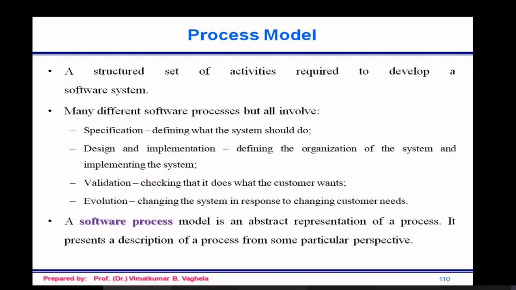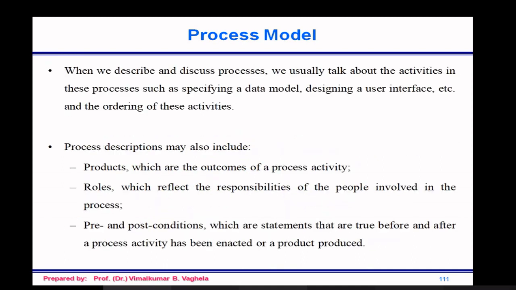So now we are representing a process in an abstract way and this structure is referred to as a process model. A software process model represents a description of a process from some particular perspective.